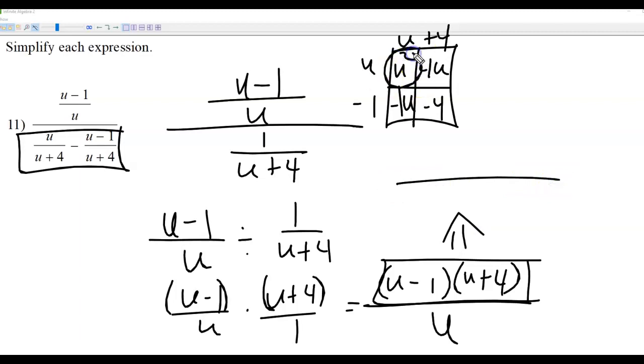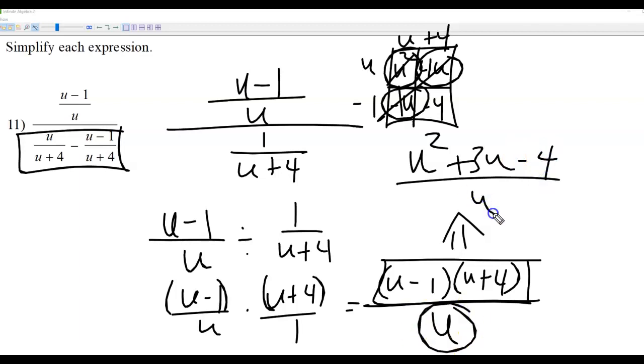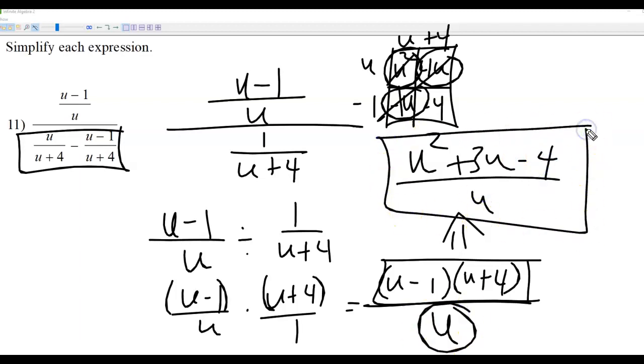We have u squared. 4u, take away 1u is going to be 3u. And then we have the minus 4. And on the bottom, we still have a u. And there it is. So, complex fractions where you have to add or subtract before you actually do the keep, change, flip. Okay, that's another one.